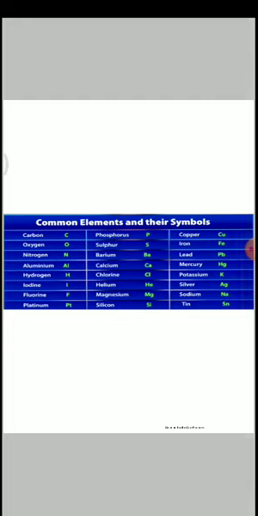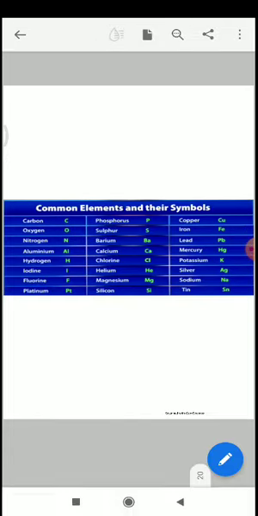No need to remember all the 120 elements and their names or symbols. As you go to higher classes day by day, you should remember at least the first 30 elements, their names and their symbols.